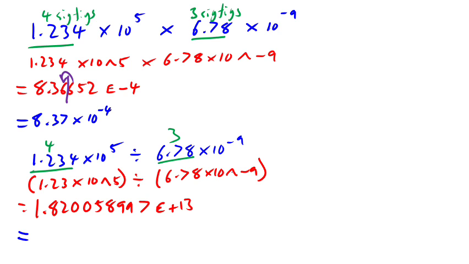So 182, that's 3, cut it off, look over the fence, 0 to 4, stay on the floor. We're going to stay on the floor. 1.82 times 10 to the power of 13. That is actually a positive 13. Okay, that's a summary of multiplying and dividing.